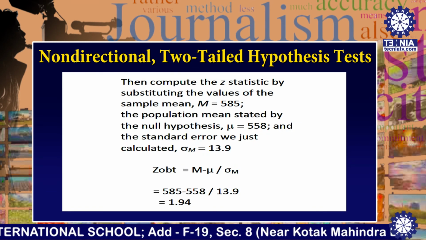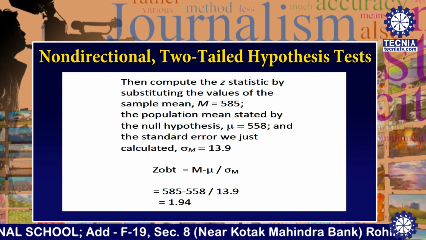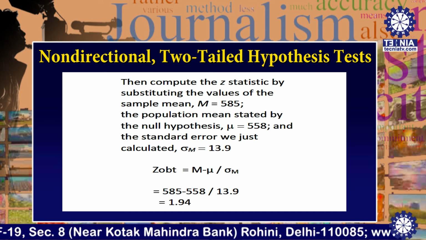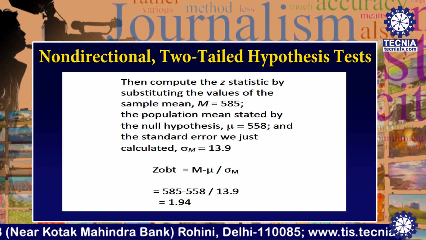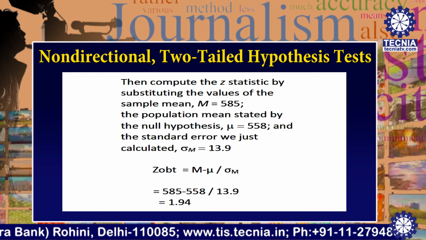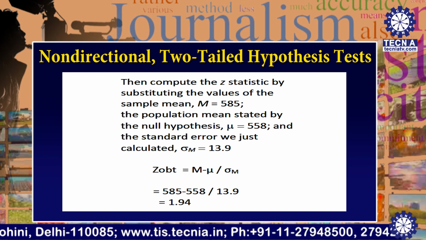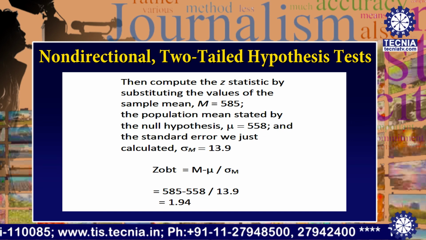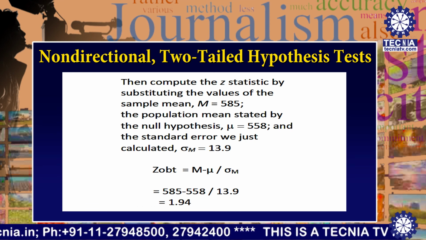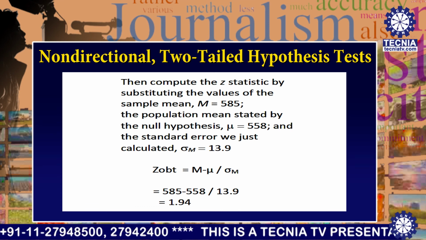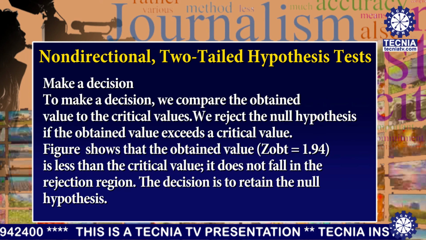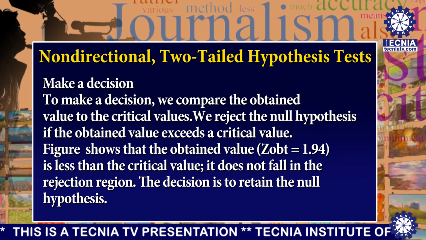After putting all these values, we got Z obtained equal to 585 minus 558 divided by 13.9, which is 1.94.